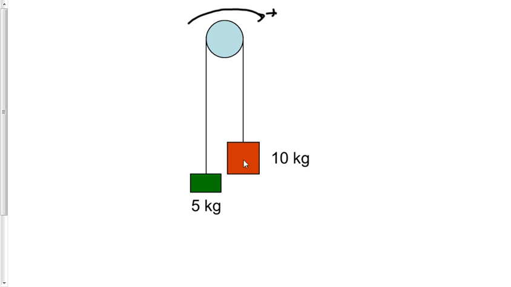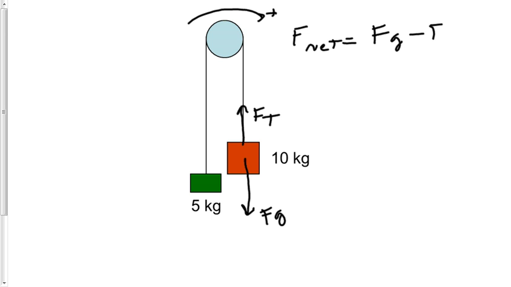One more time, let's look at the forces on each object. The force on the 10 kilogram object would be force gravity downwards and tension force upwards. The force net equation then would be force net is equal to force gravity minus force tension.